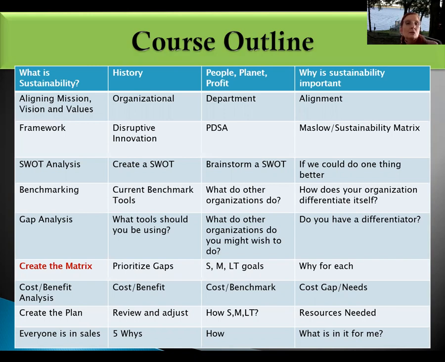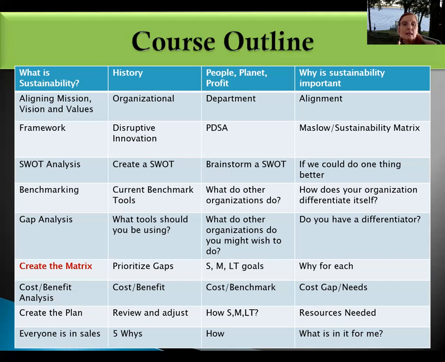We also created a SWOT analysis for your business, specifically coming up with points of things that you could do better. We talked about benchmarking, current benchmarking tools, what other organizations do, and how you differentiate yourself. We also went through a gap analysis and what tools you should be using.